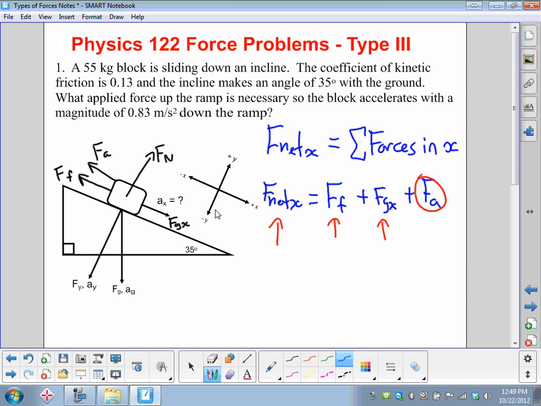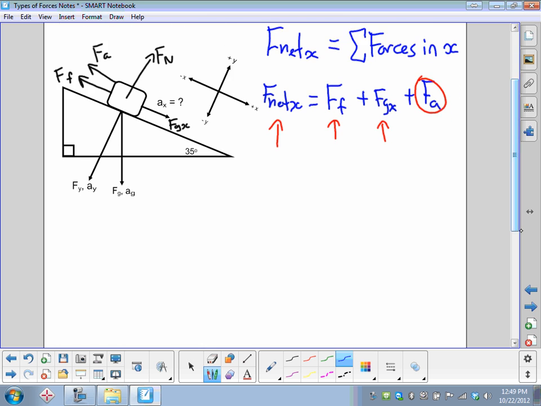So one at a time, I'm going to figure out what each of these values are and put them into this equation and solve for the applied force. So I'll do them in the order that they're there. I don't think it matters for this problem which order I do it. So the net force can be calculated through Newton's second law, knowing that force equals mass times acceleration. So the net force in the x direction is mass times the acceleration in the x, and we're given that in the problem.